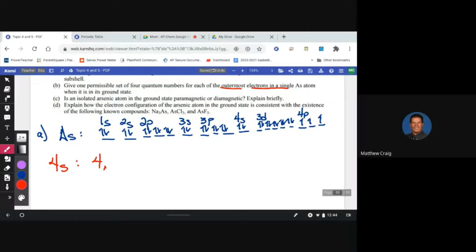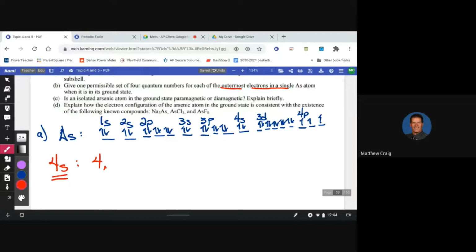So the second quantum number, what is a permissible one, and again, focus on the 4s. I'll give you a hint. You need to know the quantum numbers and what they represent before Thursday. So you might want to put that on the to-do list.